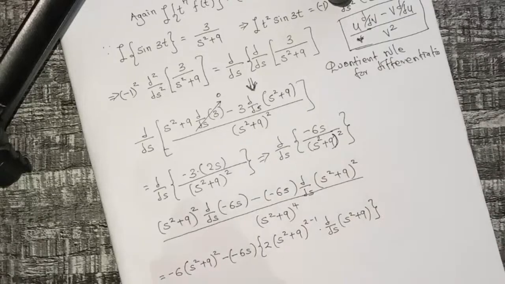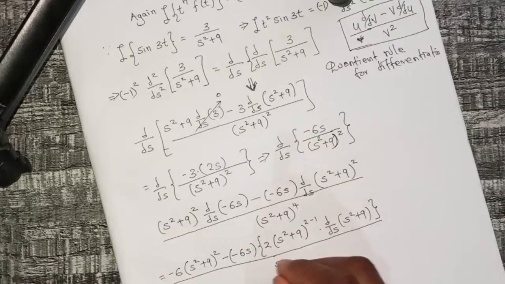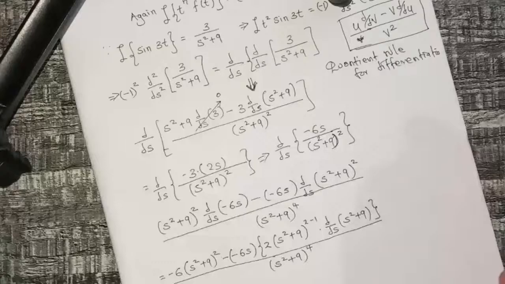Then you close your bracket, everything divided by (s squared plus 9) to the 4th power.